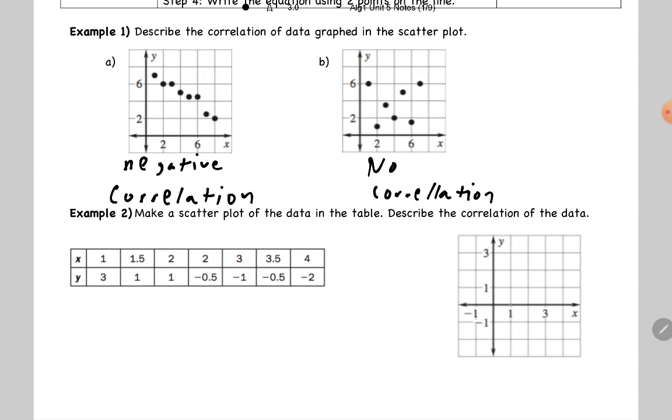Okay, so we go x is 1 up to 3. That's the first point there. And then 1.5, so in between 1 and 2. And then 1. And then 2, 1.